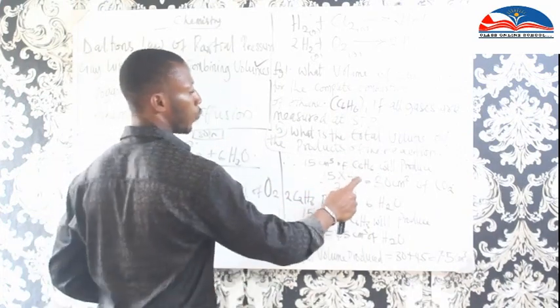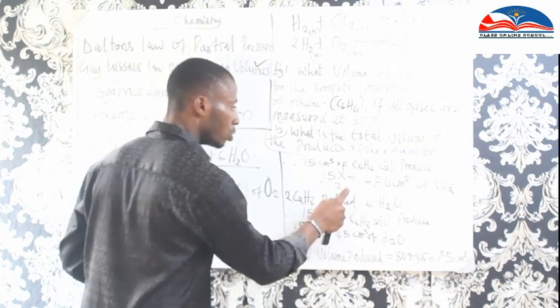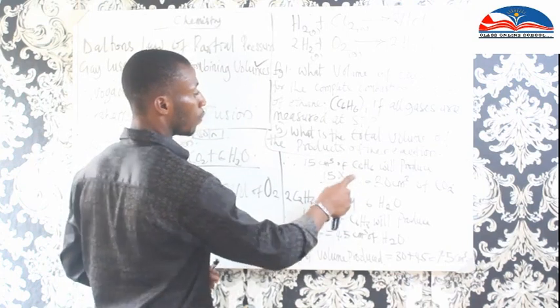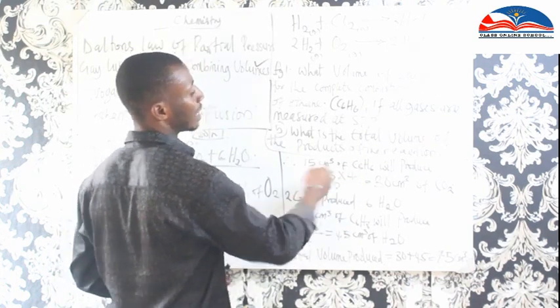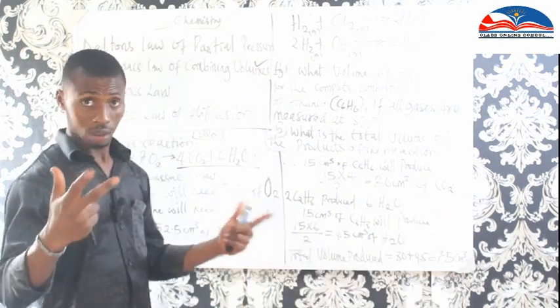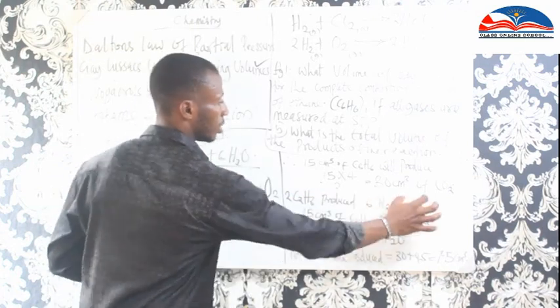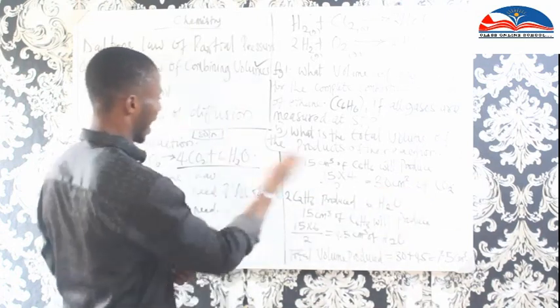Since 2 moles produce 4, that means 15 will produce 4 divided by 2. So 4 divided by 2 is 2. Now 15 times that 2 gives us 30 centimeter cube of carbon dioxide. Just simple. It's not hard.